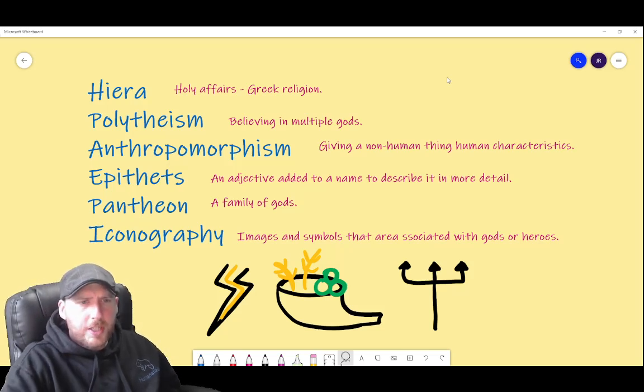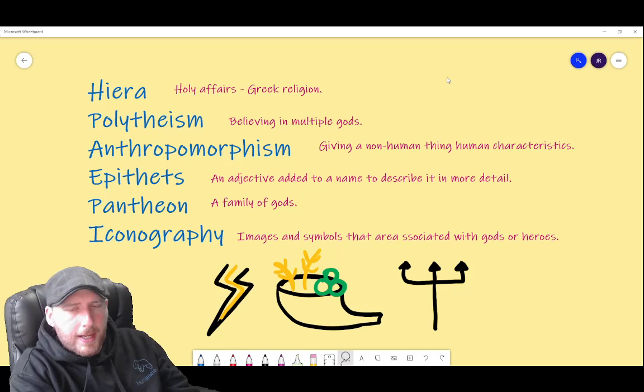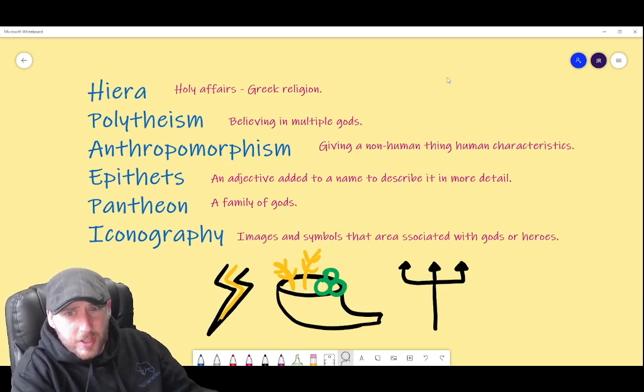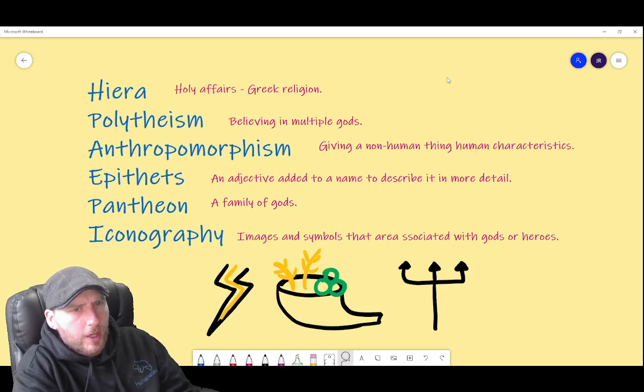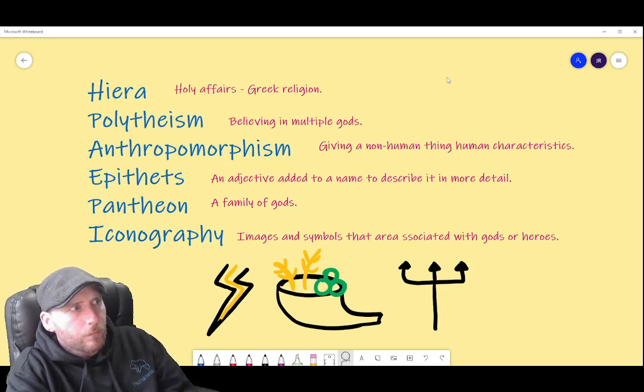Now, our next key word here is epithets. These are adjectives that we add to a name, usually the name of a god, but it can be the name of heroes too, to describe it in more detail. So we'll see these as we go through the course quite a lot. We'll look in particular at Athena's epithets. So you've got Athena Parthenos, Athena the Virgin.